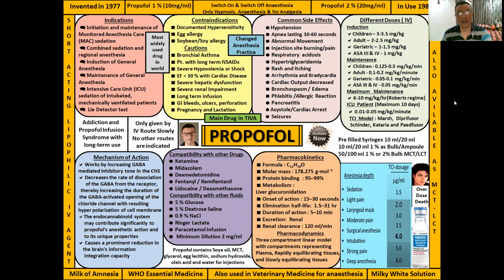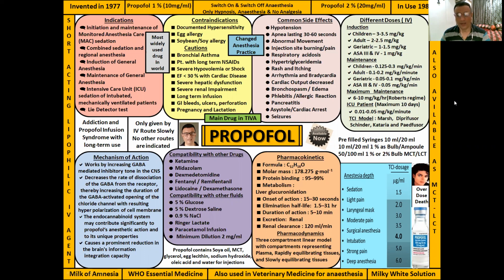Propofol is the most widely used drug in anesthesia. I don't find any single anesthetic in the world where propofol is not used. It's the main drug in TIVA. We have seen that 10 ml, 20 ml, and 50 ml vials are available. Now 1% and 2% vials with MCT and LCT, and pre-filled syringes, are available as 10 ml and 20 ml.